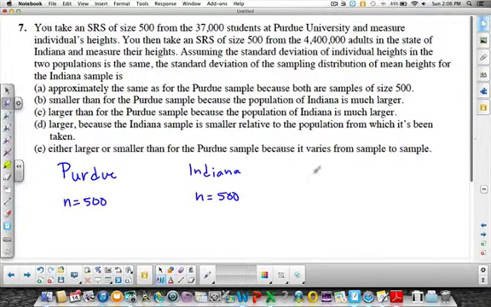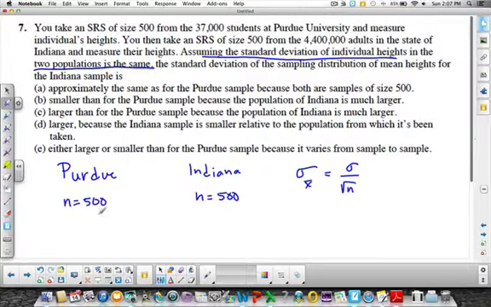When we are calculating the standard deviation of a sampling distribution, we take the population standard deviation and divide by the square root of n. It says we assume that the standard deviation of individual heights in the two populations is the same.